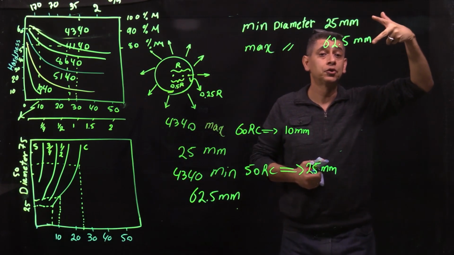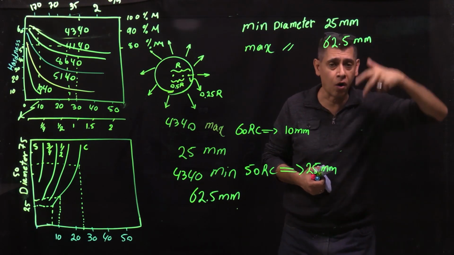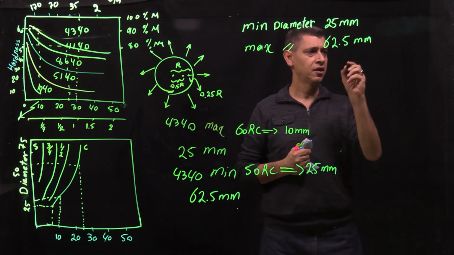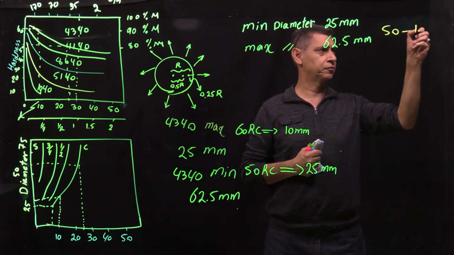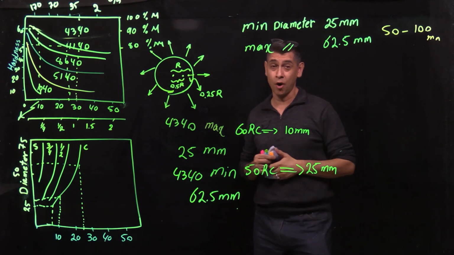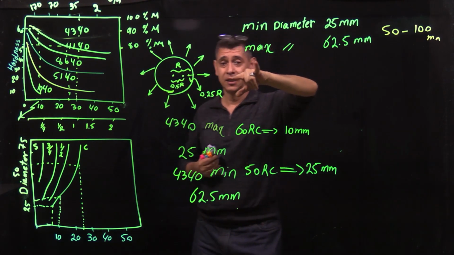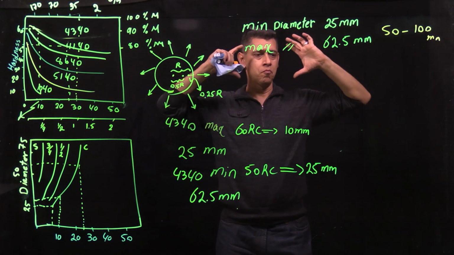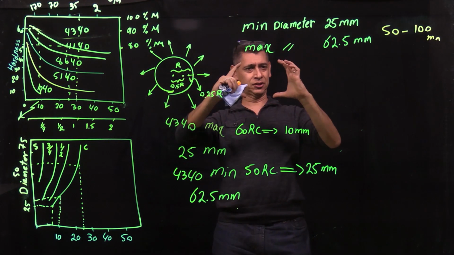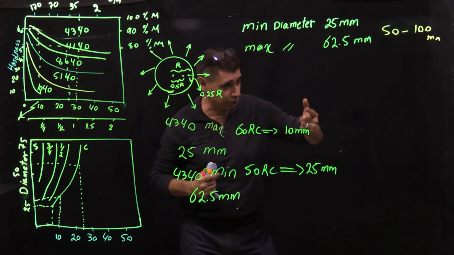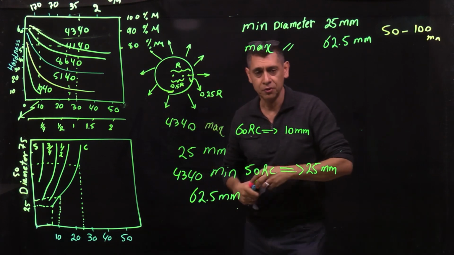If this is too small, I need much bigger. My minimum is 50 to 100 millimeter. So in this case, I have a problem because this is not hardenable enough. I have to use a material which is more hardenable than this, which gives me a larger diameter, meaning a slower cooling rate, but I want to get the same regime.